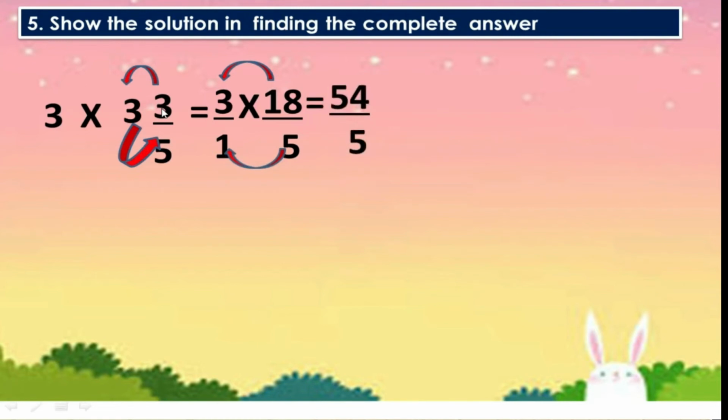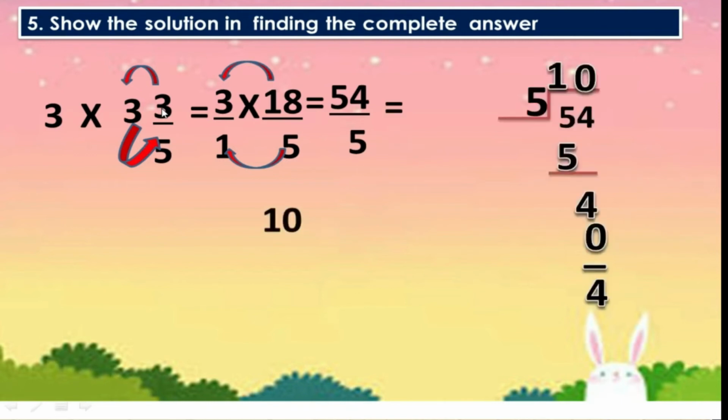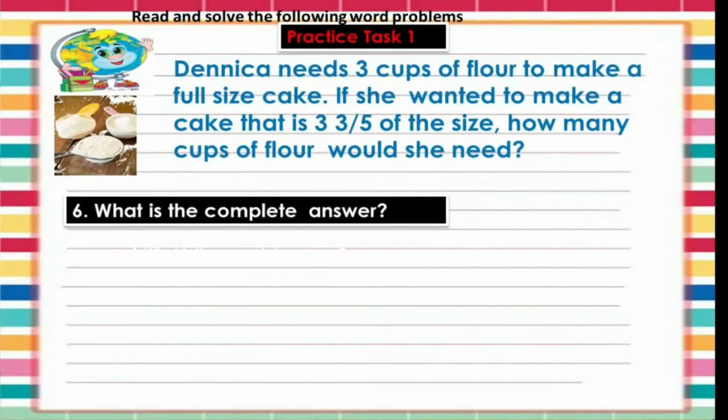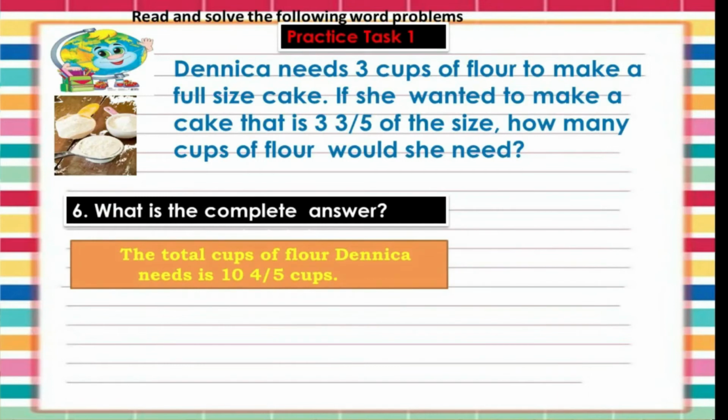We are going to simplify our answer by dividing it. Okay, our answer is 10 is the quotient, 4 is from the remainder, and 5 is the divisor. So our answer is 10 4/5. What is the complete answer? Okay, the answer is the total cups of flour Danica needs is 10 4/5 cups.